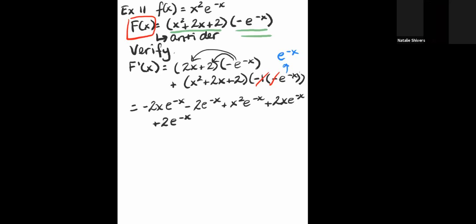Well, look what happens here. Here's this one and this one. And then here's this one and this one. And they're going to cancel out. And I'm only left with x squared e to the negative x, which is what I wanted.